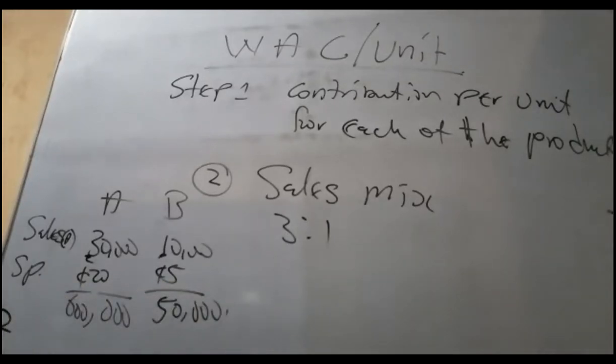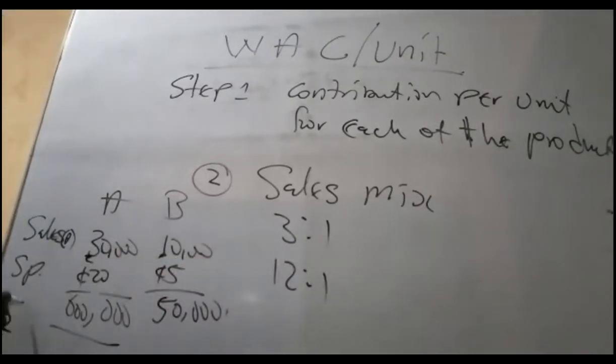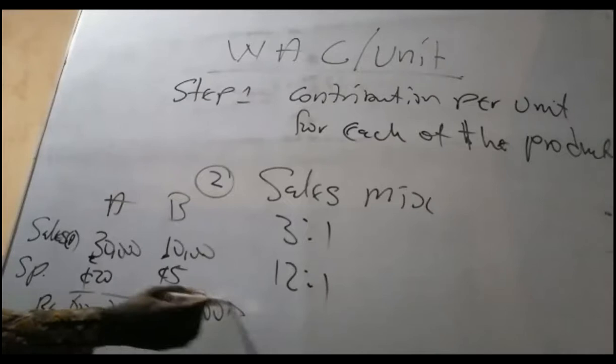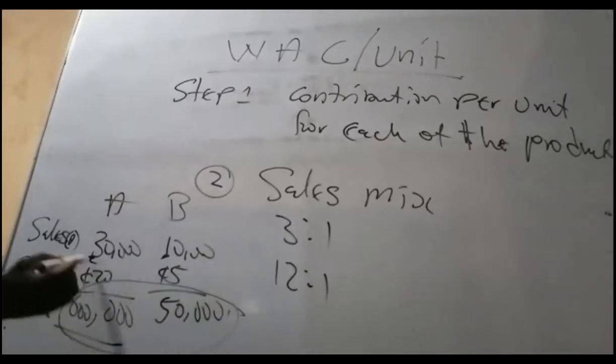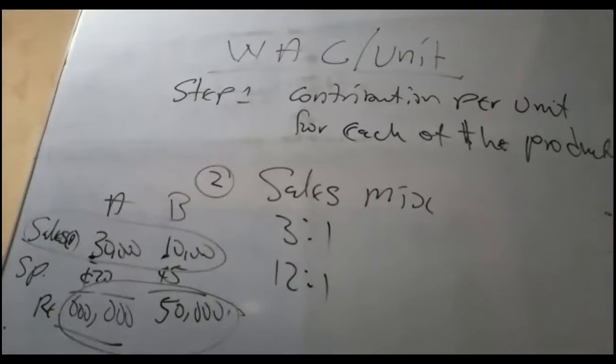So what will the sales mix be? It will be 12 is to 1. That means if you use the sales revenue, the mix will be wrong. So we don't use the revenue to determine the mix. We only use the sales units. If you want to determine the mix, kindly use the sales units.